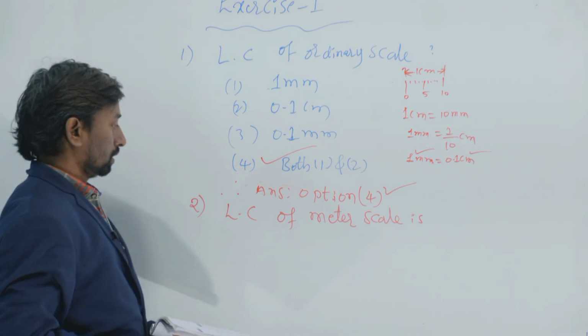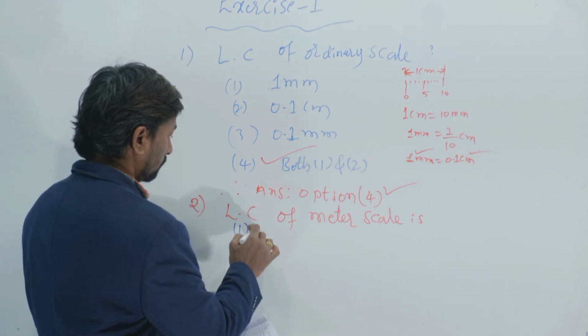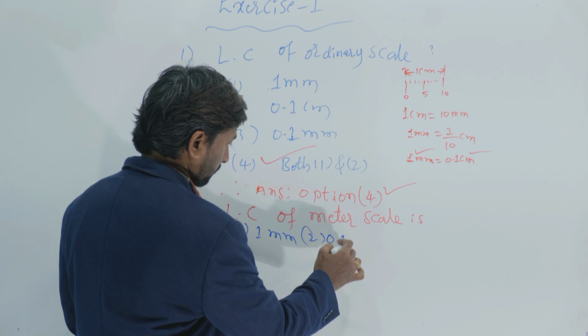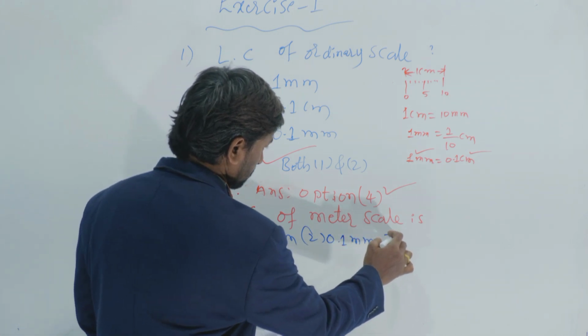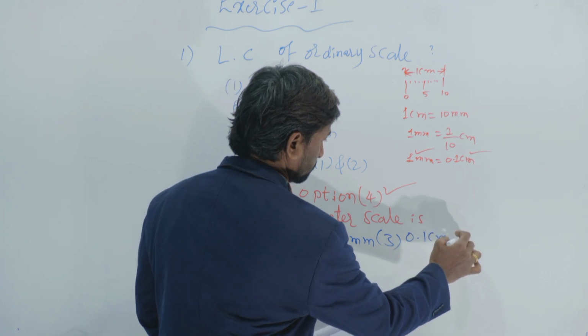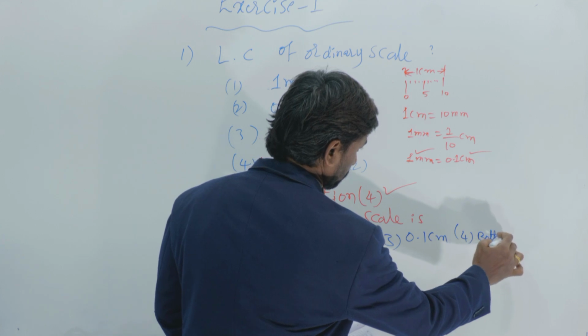The options are: option 1 is 1 mm, option 2 is 0.1 mm, option 3 is 0.1 centimeter, and option 4 is both 1 and 2.